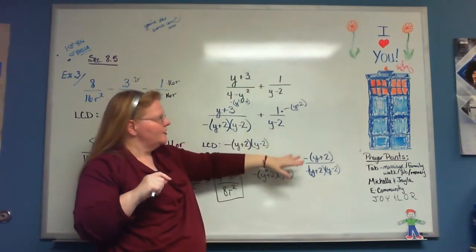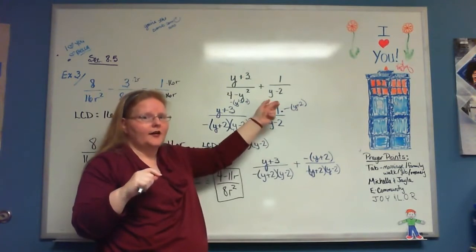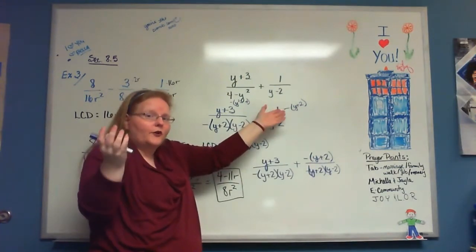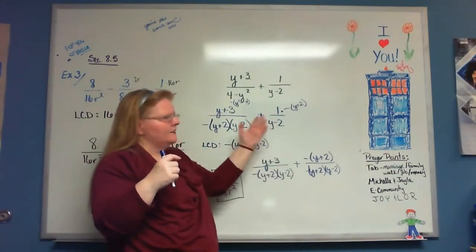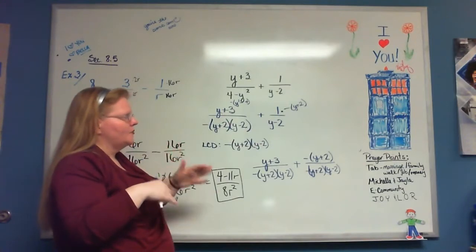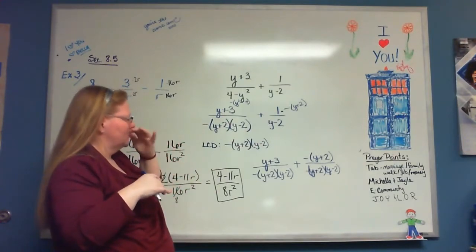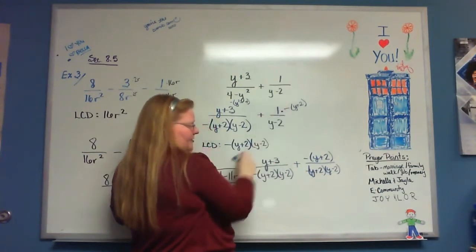We ask ourselves what it takes, and then that's what I write on top, because that's where I'm really multiplying it by, because we've already done the bottom. So I didn't see the need to write it again. It's a little shortcut that you can take. And every time I'll get a little bit shorter and a little bit shorter.